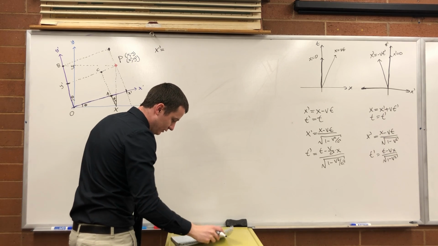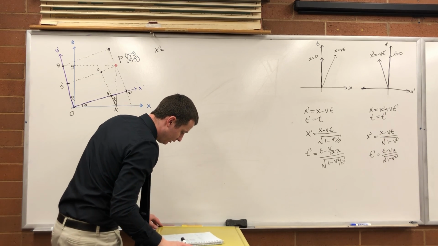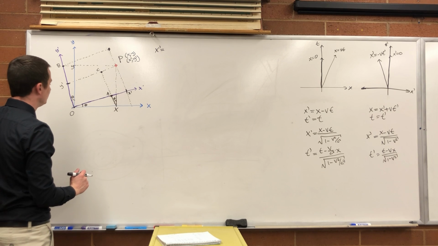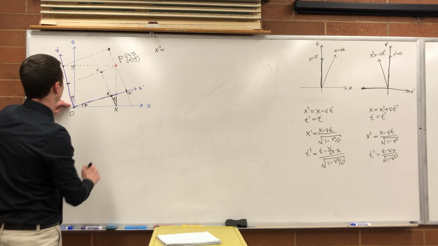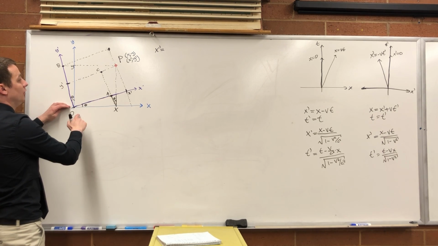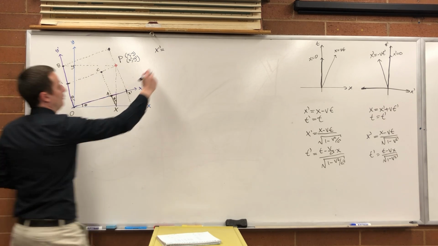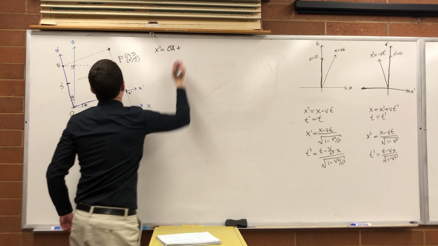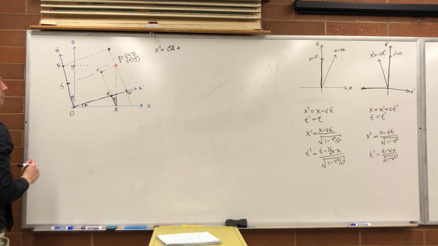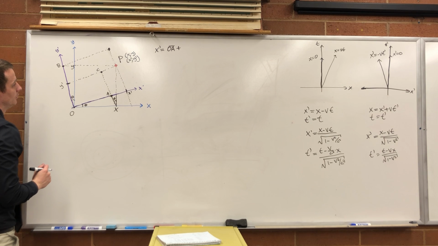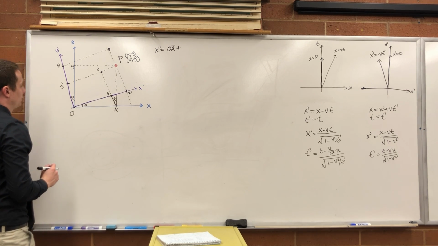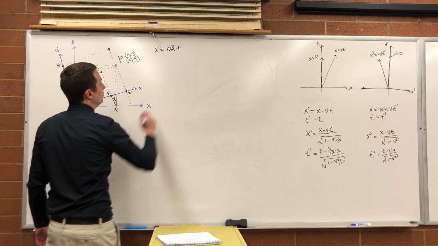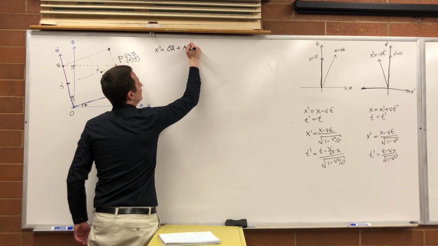Let me get my pictures up here, see if we can remember how to calculate all these. So let's start with this distance. x prime is going to be OA, whatever that length is, plus A to x prime. We don't really have that point labeled, but I think we'll understand what we mean.